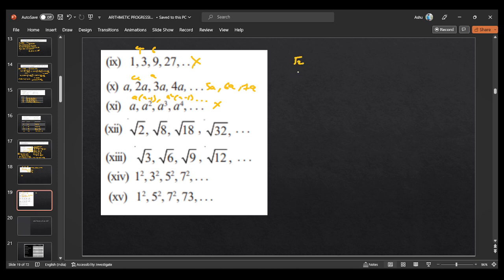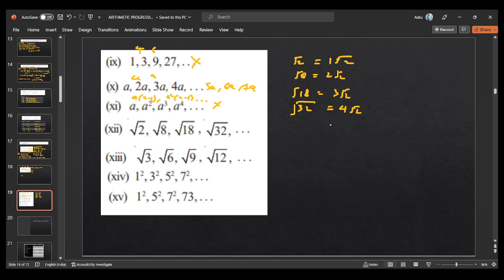Root 2, root 8 we can write as 2 root 2, and root 18 we can write as 3 root 2, and root 32 as 4 root 2, here the first term is 1 root 2.